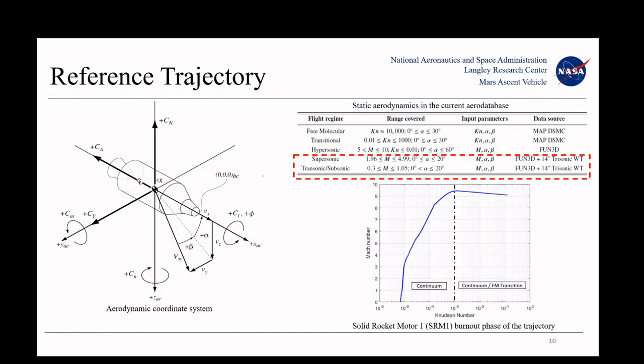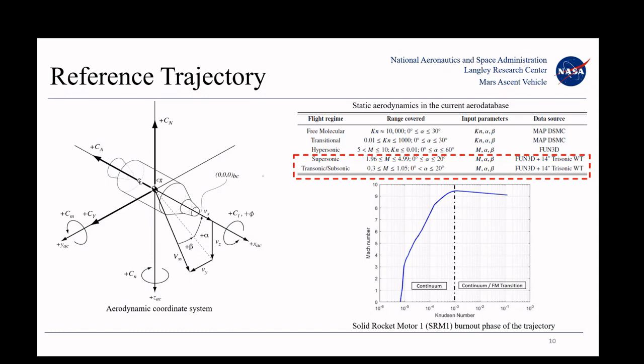Moving forward, the flight regimes: the aerodynamic database is partitioned into several flow regimes. At high altitudes, with low density, free molecular flow dominates, meaning that the air particles are very sparse, and so the continuum assumption does not hold, and we have to revert to specific types of solvers, particularly the direct simulation Monte Carlo code, the DAC code.